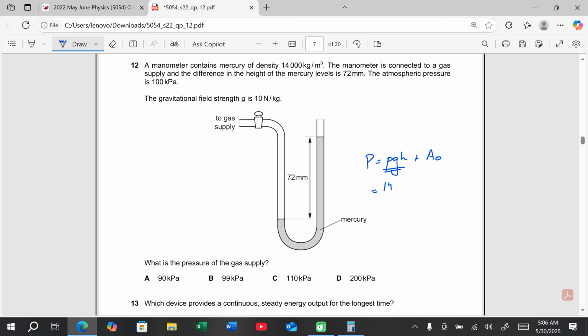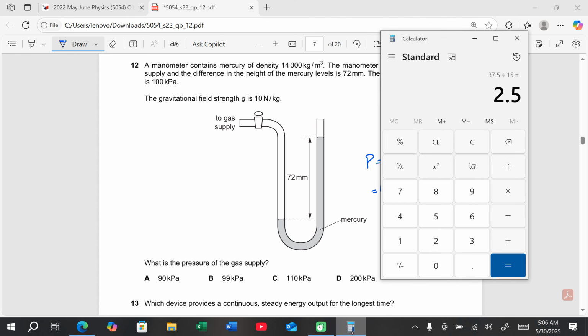So I'm going to take 14,000 as my density. g is 10. Now for h you need to convert this into meters, so this is 0.072, plus 100 kilopascals is to be taken. So let's use our calculator.